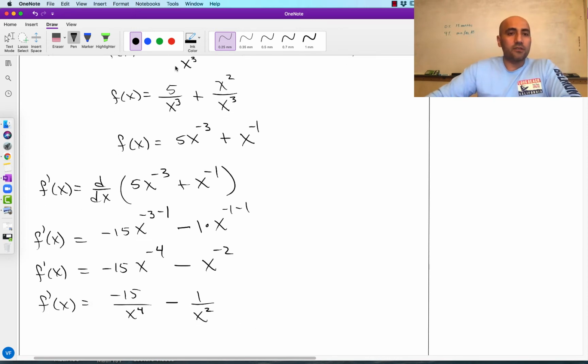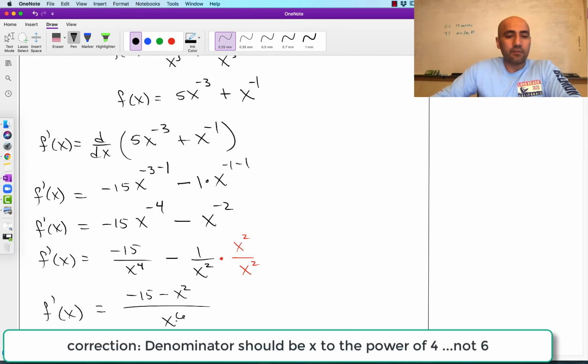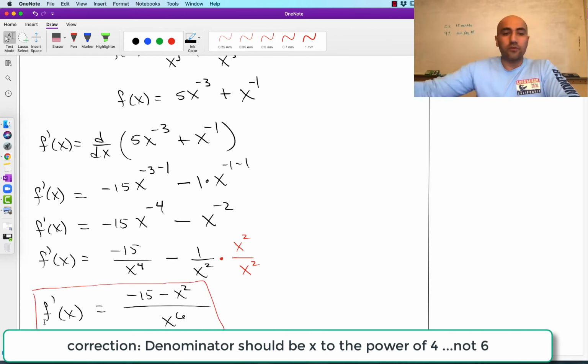And then just to bring it all together into one big happy fraction, we could multiply that by x squared, get a common denominator of x to the fourth power. And so we would conclude that the derivative is equal to negative 15 minus x squared all over x to the sixth power. Okay, a perfectly good way to do it. Perfectly great way to do it.